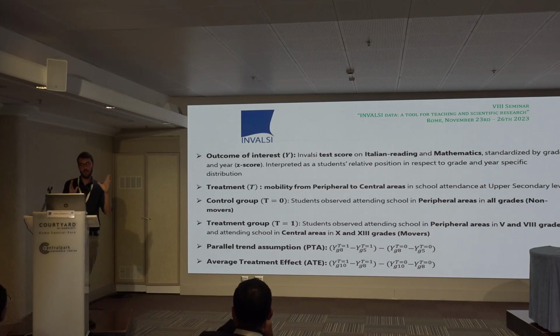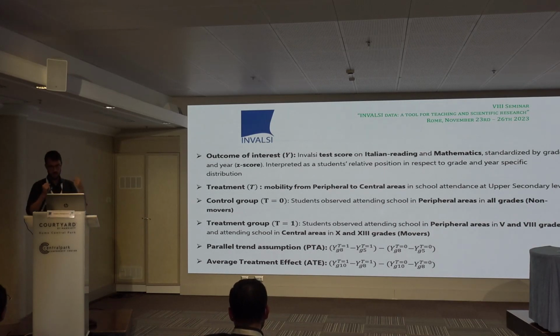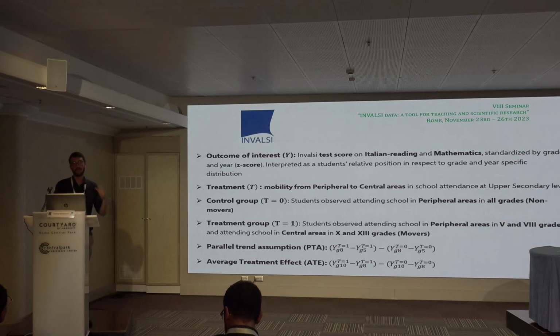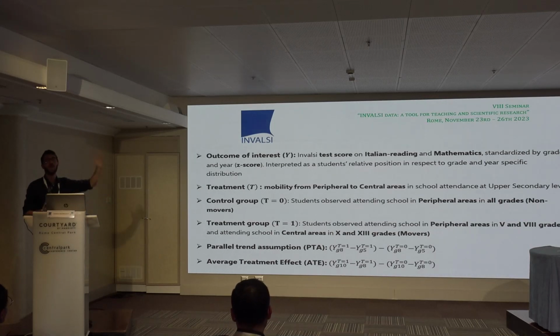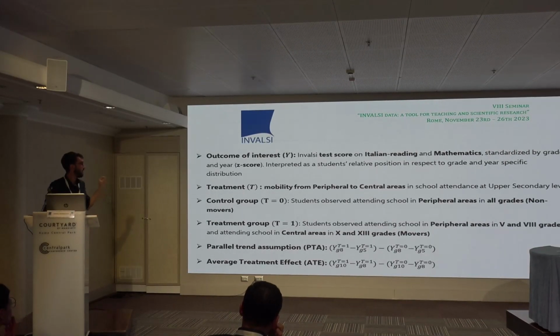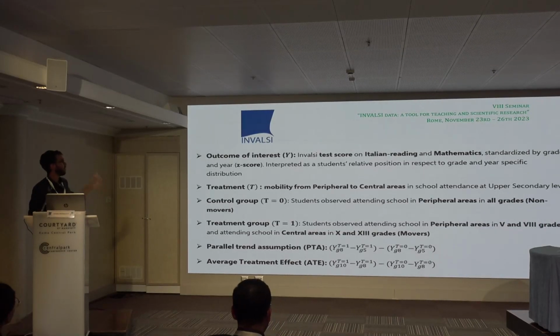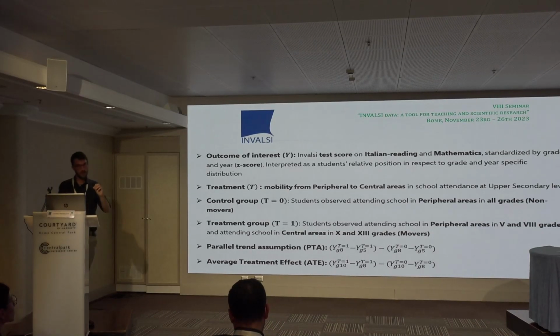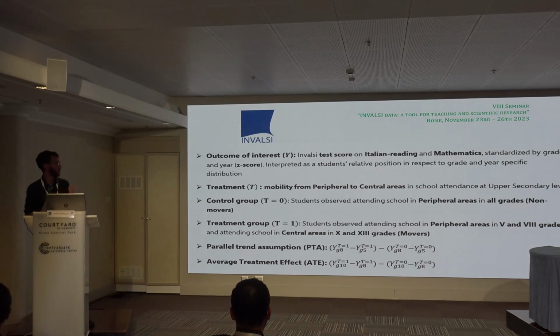So we interpret the variation of the effect in terms of the relative position of each student on the national distribution by year and grade, also to be able to compare INVALSI scores across grades and different years. As a treatment, we define the effect of being mobile from peripheral to central areas in school attendance at upper secondary level.